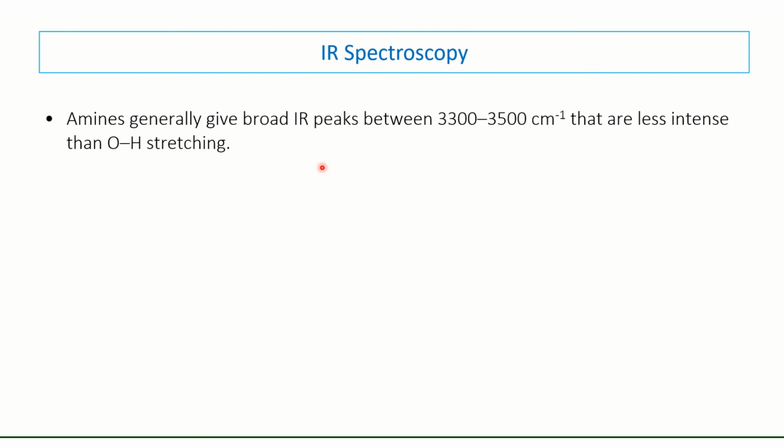So the spectroscopy, the main thing I want to look at with the spectroscopy is, of course, the infrared. And the infrared is going to tell you quite a bit. You can see that amines that have NH bonding are going to be in an area competitive with the OH, but of course they're less intense than OH.